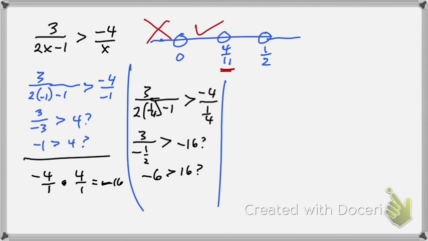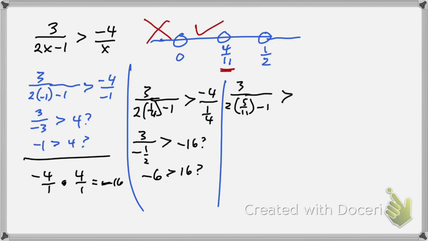So now I need a value between 4/11 and a half. Five elevenths, okay. Weird little numbers, huh? So I've got 3, 2 times 5/11. Oh, yeah, got to put my -1 down there.